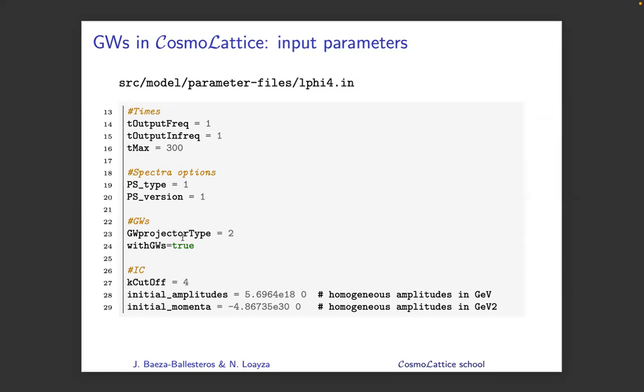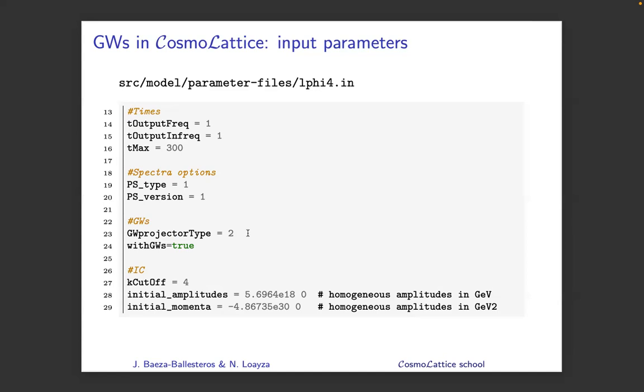And this flag here, I will explain later what it is, but you may already know from what I told you. The type of projector we use to compute the projection of the TT components depends on our choice of lattice derivative.